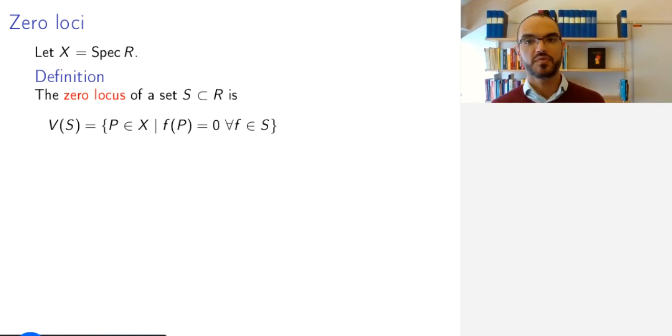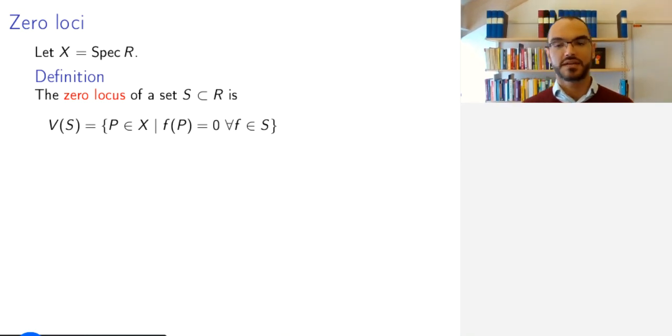So equipped with this, we can define something akin to the zero locus of a set of elements in the ring. You might want to pause and think about the definition in the variety case. But now we consider a ring R and the affine scheme associated to R, and take any subset S of R; we should view this as a subset of functions.